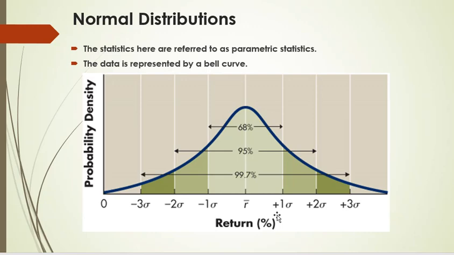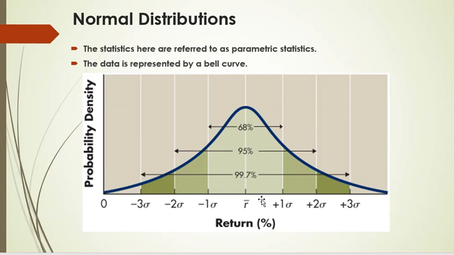How we can put this into context: think about a stock that has a 10% rate of return. If this stock has a 10% rate of return and a 10% standard deviation, then there's a 68% chance that this stock will have a return somewhere between 0 and 20%.